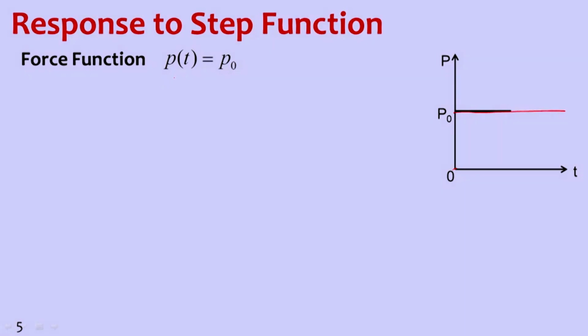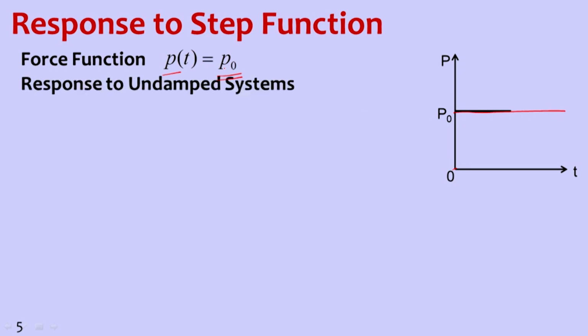The force function P(t) is constant, so at any point of time P0 is there. That is, a fixed force is on the system. Let us find the response of the undamped system.